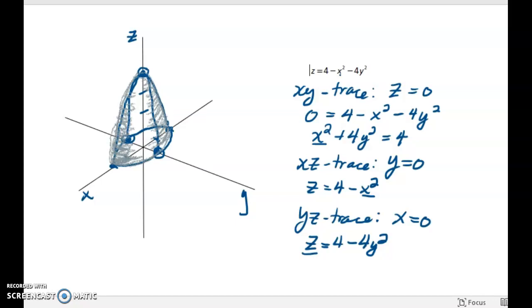What this looks like is a bowl that opens downward. And I've just drawn a piece of it. Of course I can't draw the whole thing because it extends indefinitely downward. But this is an example of something called an elliptic paraboloid.